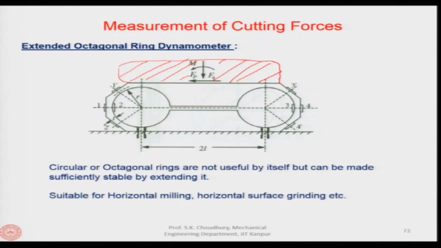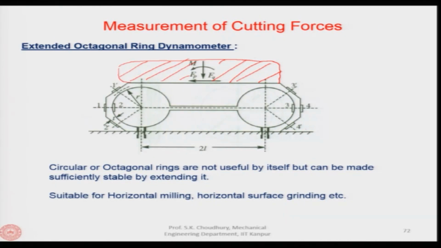We have the 1, 2, 3, 4. These are the sensors which will sense the thrust force, here Fp, and 1 prime, 2 prime, 3 prime and 4 prime, these sensors will sense the tangential force, let us say Fq here.